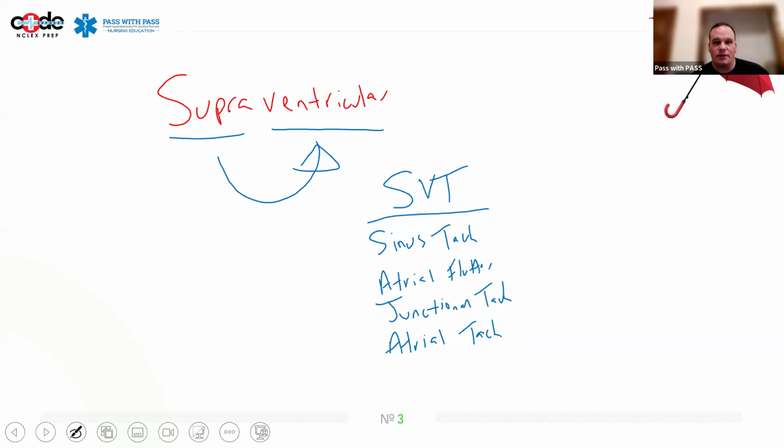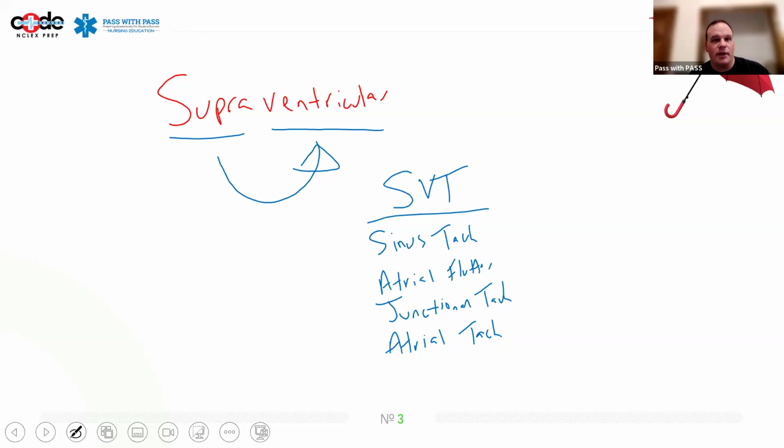So when you get to those speeds at 150, 160, 170, 180, 190, and even into the 200s, which SVT can certainly go into, it becomes incredibly difficult, if not impossible, with some rates to really figure out, okay, is it a sinus tach? Is it an A flutter? Is it a junctional tach? Or is it an atrial tach?